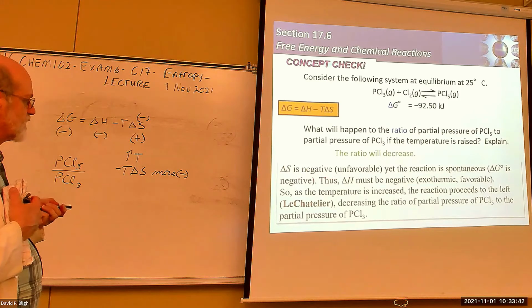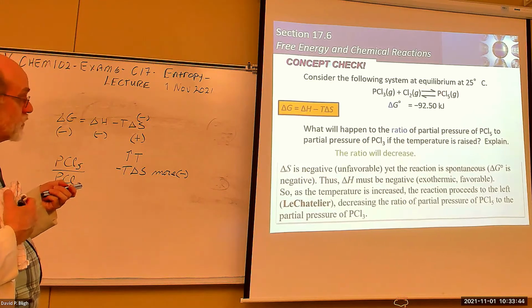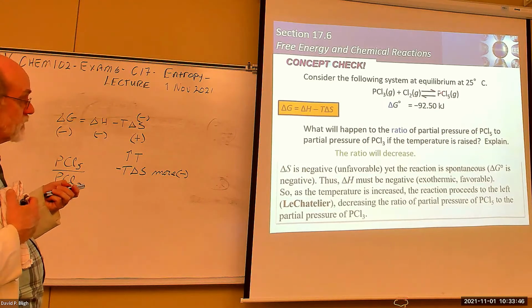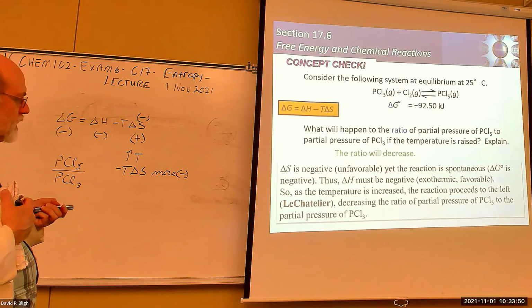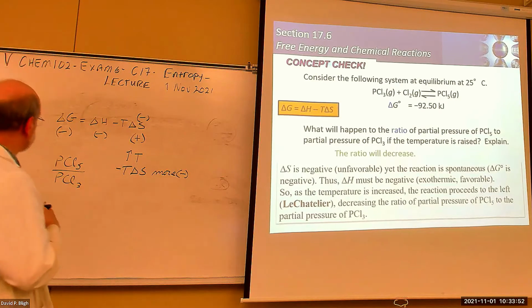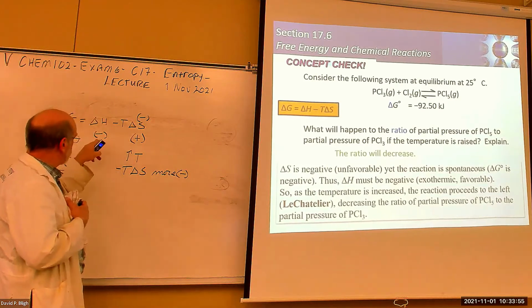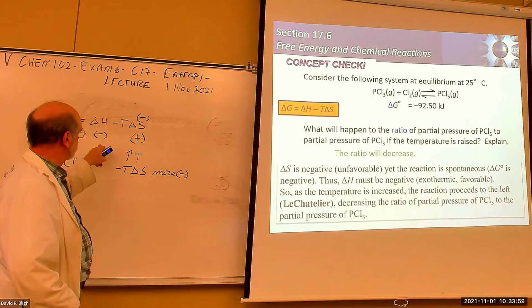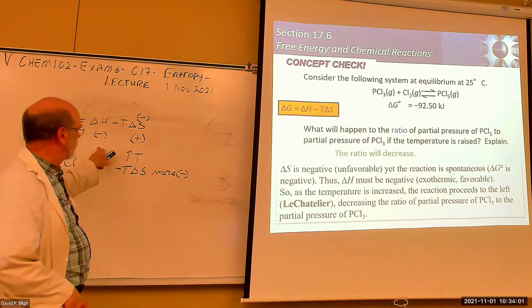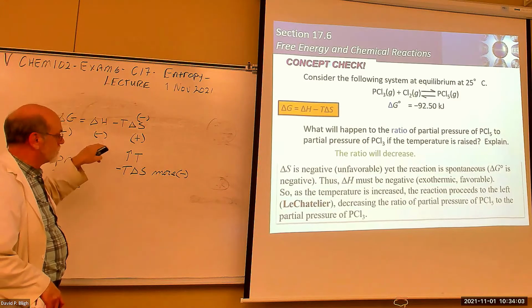If delta S is negative, which we assume because it's more ordered, delta S is negative, unfavorable. Yet the reaction is spontaneous, that means this one has to be negative. If it's positive, then it doesn't matter what the temperature is. Yeah, okay, I see where they're going with this.